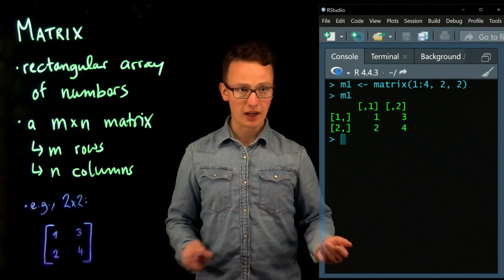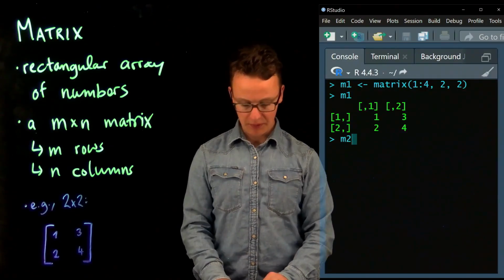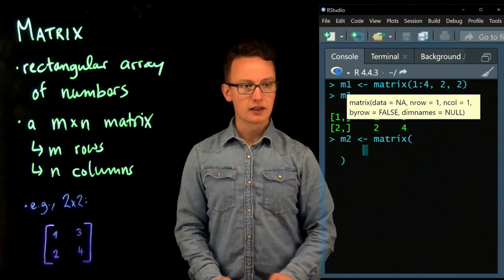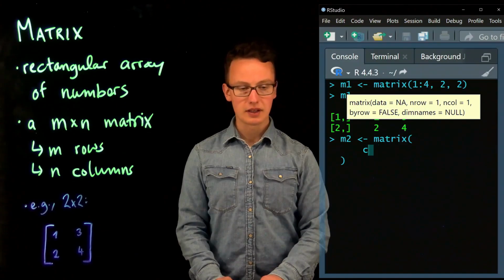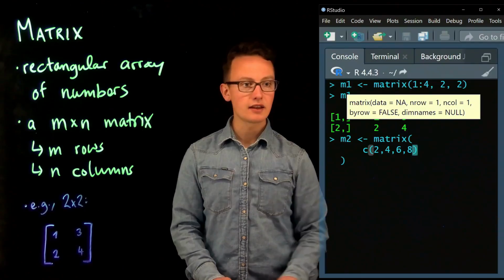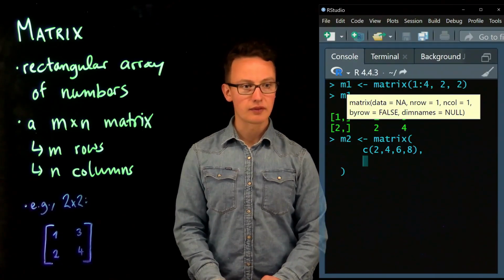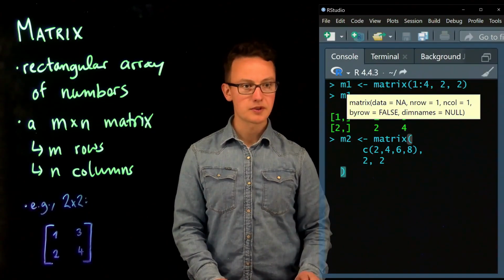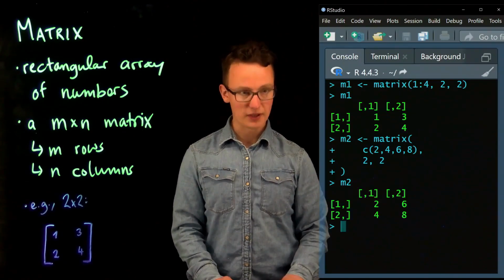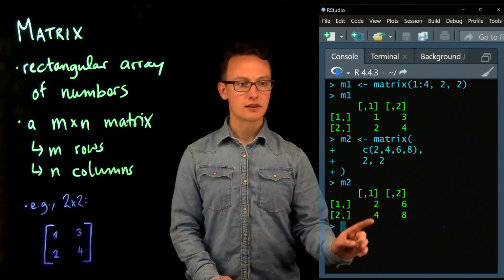Let's do the same thing again, but with slightly different values. So we're going to create a matrix M2, which is going to contain the values given in the following vector, the vector 2, 4, 6, 8. And again, we're going to have a matrix with 2 rows and 2 columns. So once we execute this command and print out what M2 is, we see this is our M2 now.